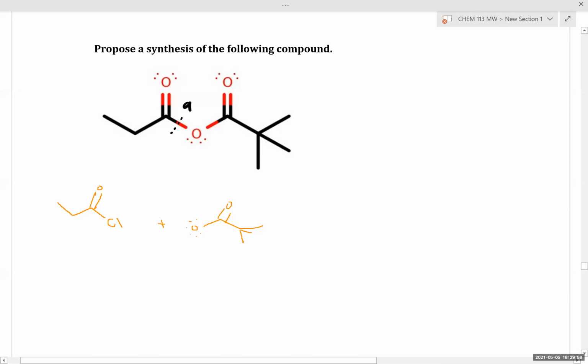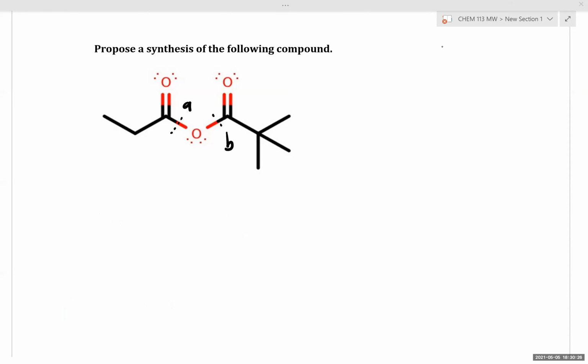So, is there another way that we can prepare this compound? Well, we can just break bond B and generate another acyl chloride and carboxylate salt. Yep, these two routes are the most logical routes to prepare the following asymmetrical anhydride.